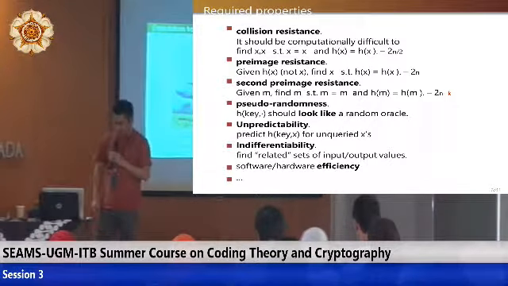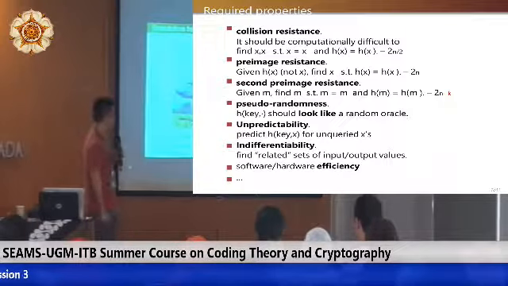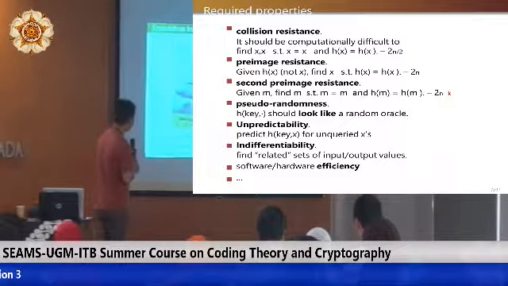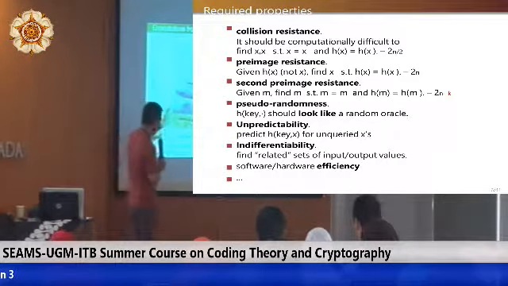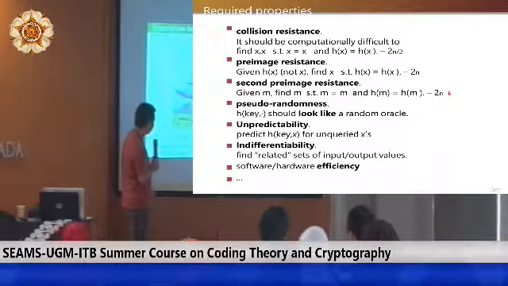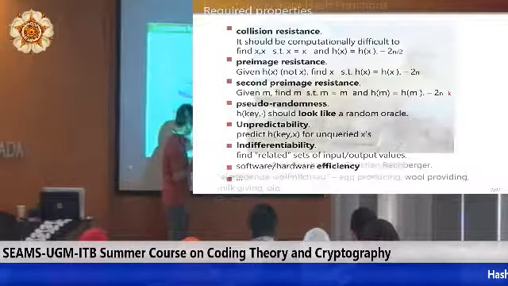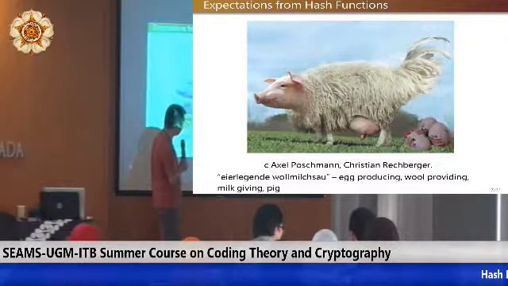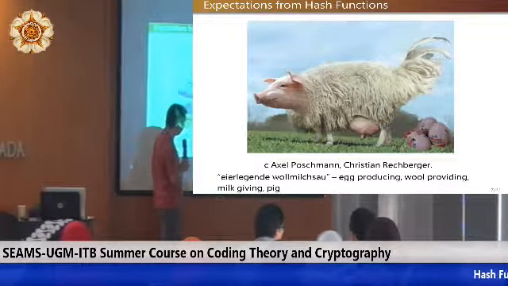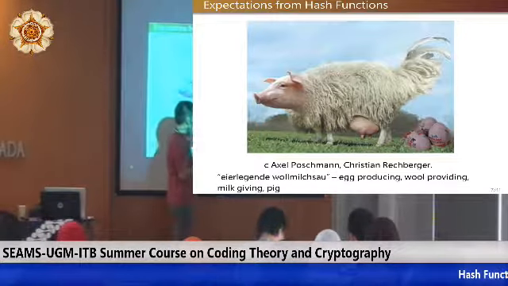So actually, we are requiring too many things from a hash function. It's just like an animal: you want it to be a pig producing meat, you want it to look like a cow producing milk, and you want it to produce fur and eggs as well.